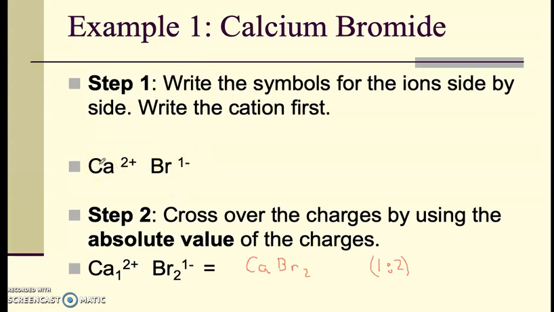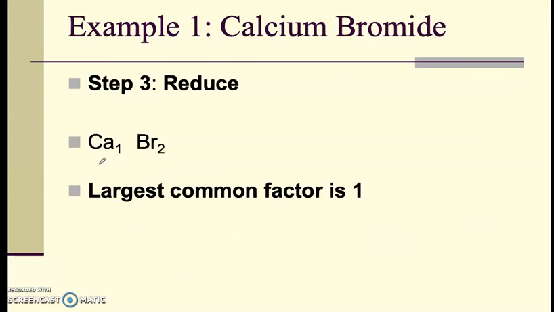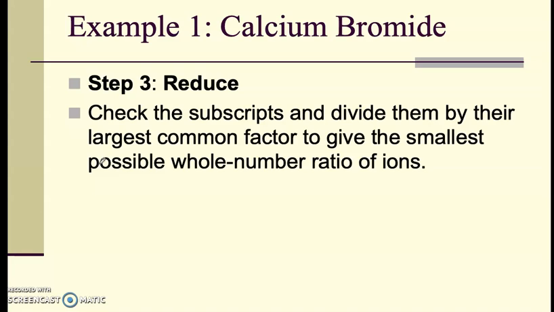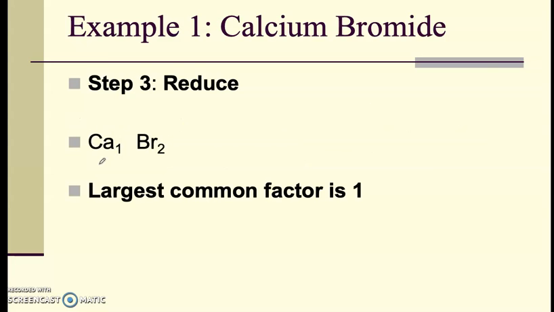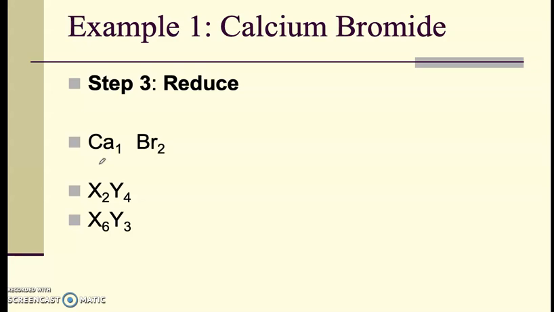Very simple. Let's take a look at step 3. Check the subscripts and divide them by their largest common factor to give the smallest possible whole number ratio of ions. In this case, CaBr2, the largest common factor is 1, so you can't reduce it. The final formula is just CaBr2. But what if we have something a little different? What if we have X2Y4, a 2-to-4 ratio?